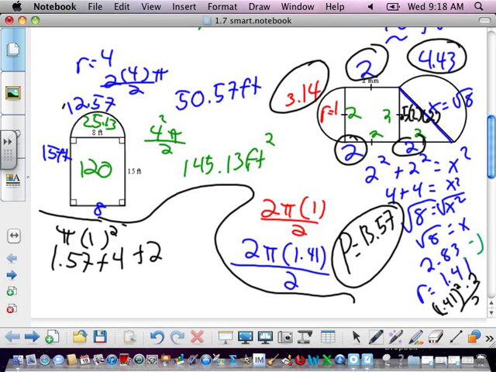So I'm timesing 1.41 squared by 3.14, but then I'm dividing that by 2. I get 3.12. Now I'm going to add them all together: 1.57 plus 4 plus 2 plus 3.12. And I'm going to get 10.69 what? Millimeters squared.